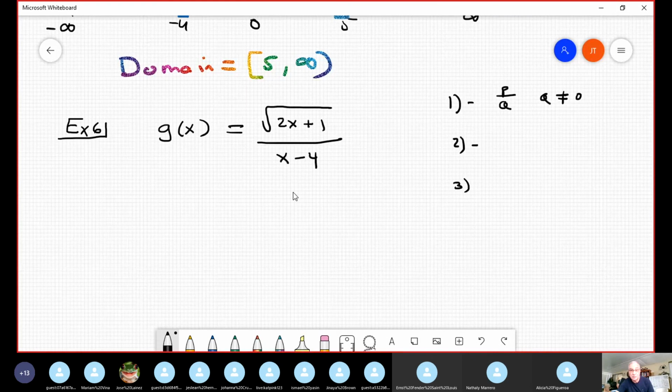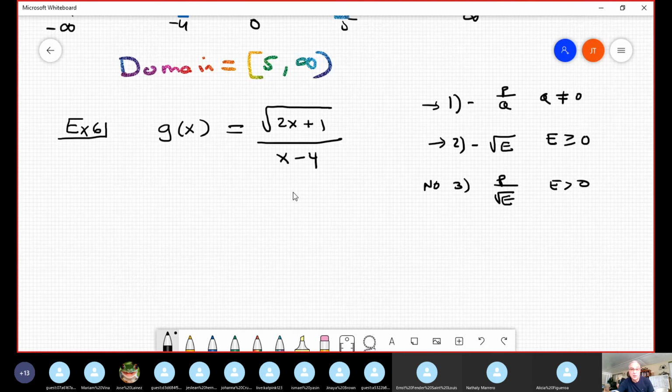We have a denominator here. In restriction 2, we have a radical in the numerator, the top part, and the expression inside the radical must be non-negative. The third restriction does not apply, because we have no radical in the denominator. So in this problem, you apply restriction number 1 and restriction number 2.